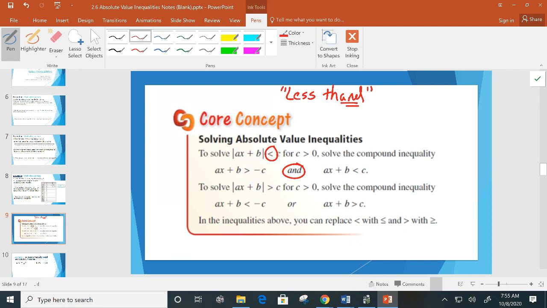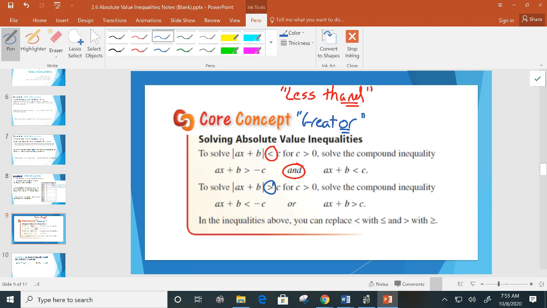When we have the greater than symbol for our absolute value inequalities, we're going to be dealing with an or compound inequality. So it's all about what that inequality symbol is to determine the type of compound inequality that you're going to be dealing with.